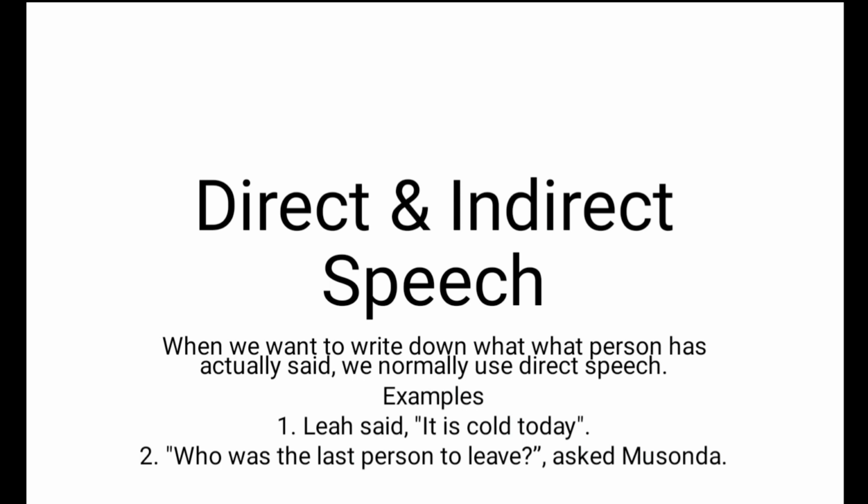It was Musonda, and Musonda used these words, so they are placed in between inverted commas. Not forgetting that this was a question, and when it's a question, we normally add a question mark. So: "Who was the last person to leave?" asked Musonda. Those were the exact words used to ask the question.